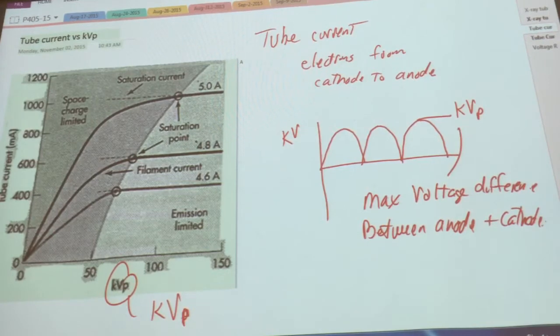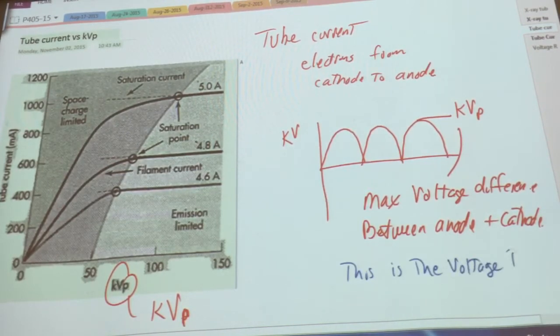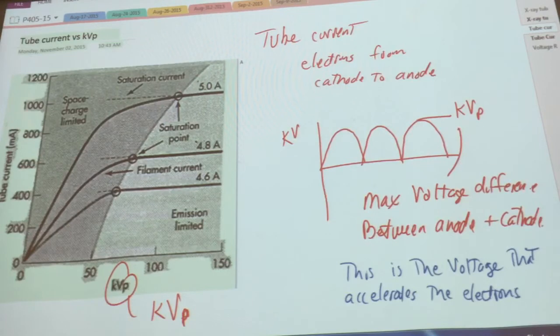Okay, so now we've got electrons and we have kVp. So we got a tube current, and we got some accelerating voltage.